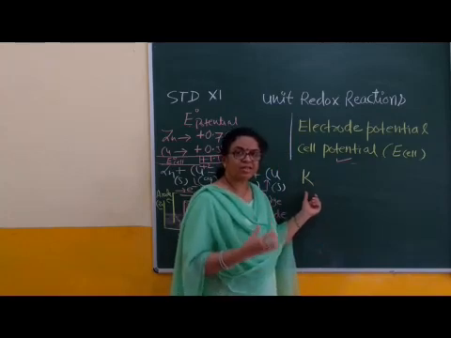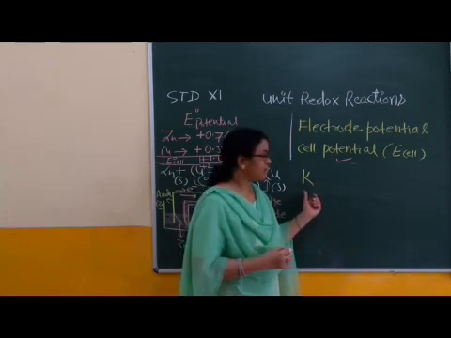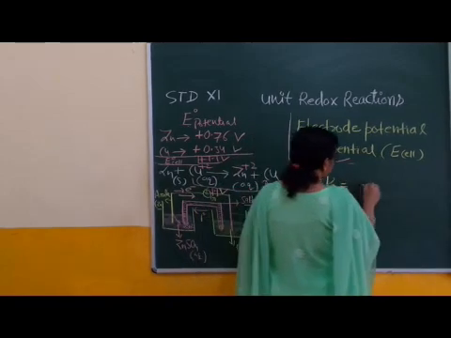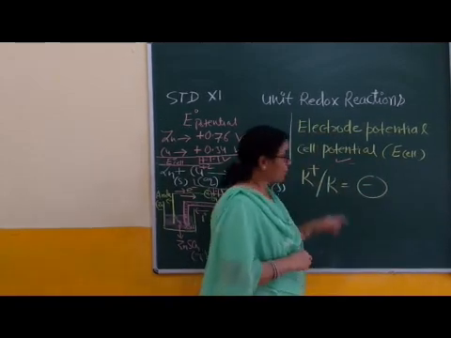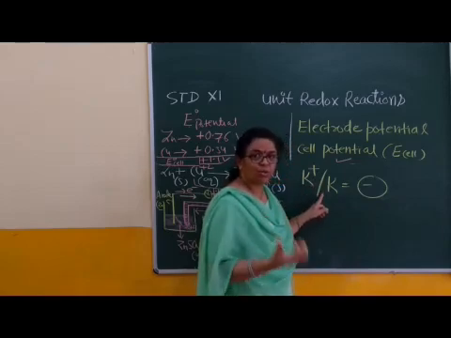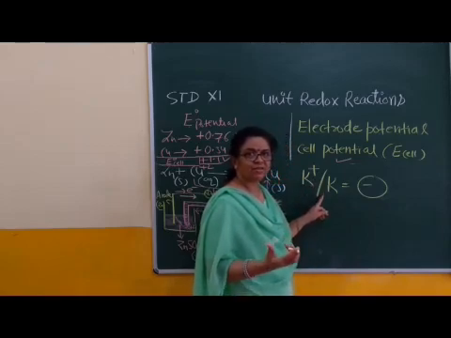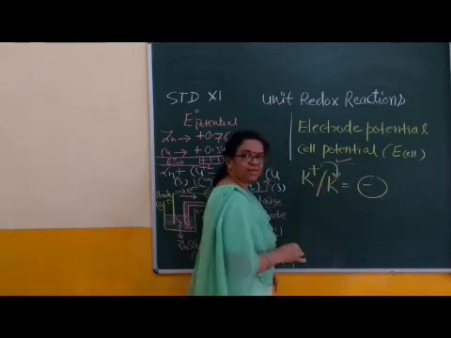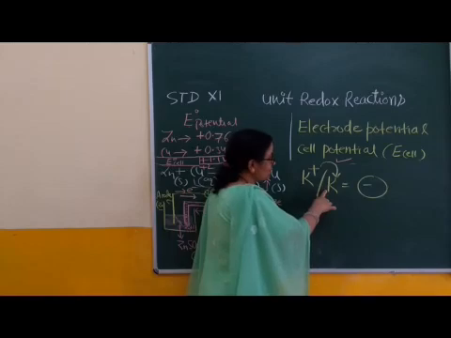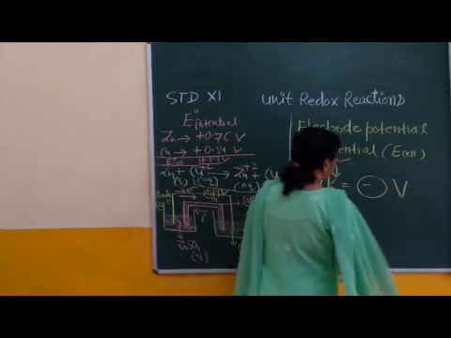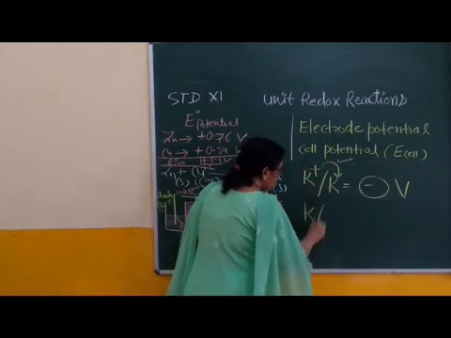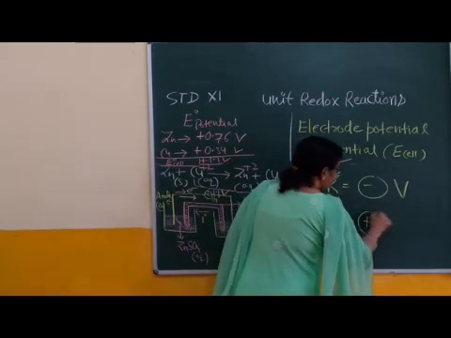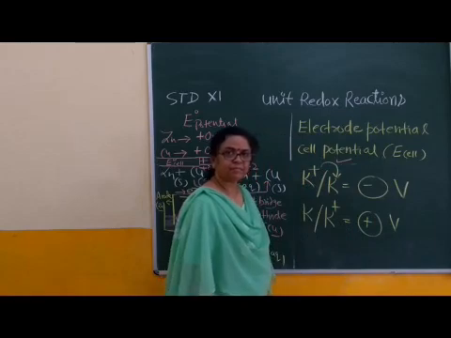If its potential is written in terms of reduction, reduction of K plus into K, then it shows a negative electrode potential, because its actual tendency is to lose electrons, not to gain electrons. This notation shows reduction of K plus into K0, right? Its sign is negative, and for the actual process, oxidation of potassium into potassium ion, the sign is positive, right?